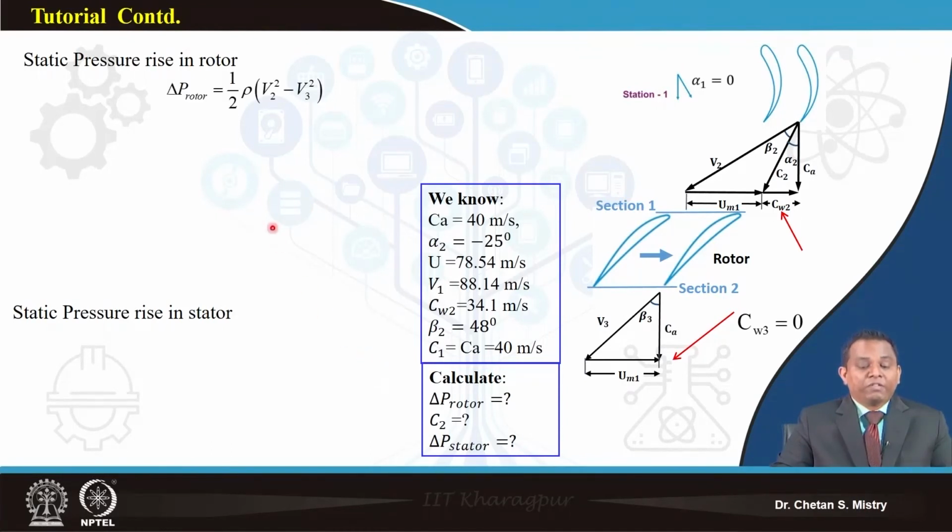That is given by 1/2 rho (V2 square minus V3 square). Since V2 and V3 are both known, we can calculate my delta P. That is coming 1289 Pascal.